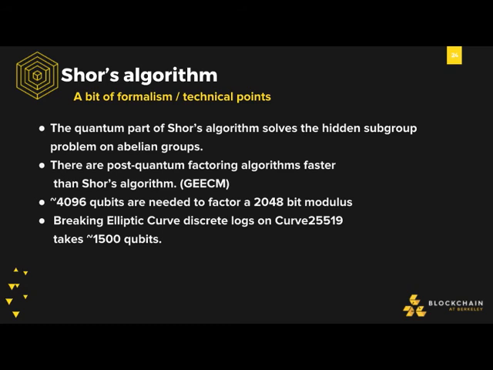I don't know exactly how many bits of security 2048-bit moduli give you. This curve specifically gives you about 128 bits. I'm pretty sure 2048 gives you around 128, but I could be wrong on that. But in general, I think with RSA, you need more qubits as the modulus gets bigger than you do for elliptical curves.